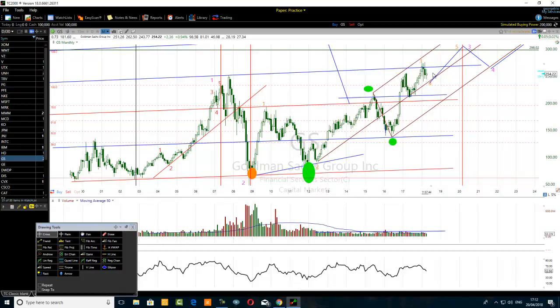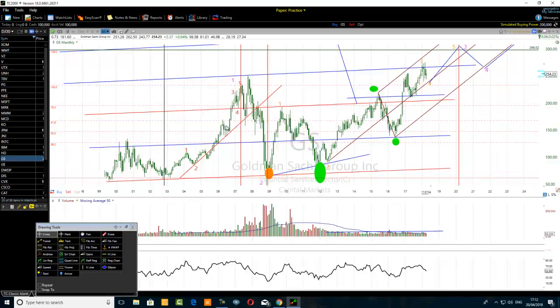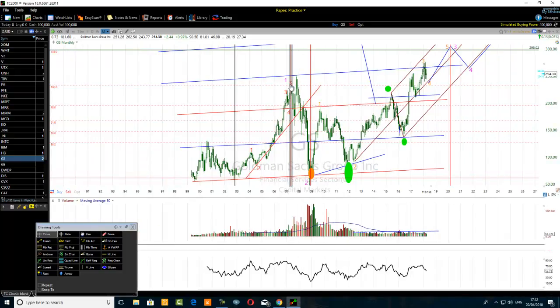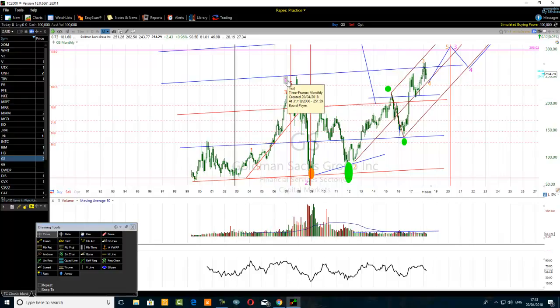It's not yet finished. We cannot confirm today, 20th of April 2018, that this trend is a trend. Why? Because it must go above the 138.2% Fibonacci extension level of the prior trend. What is the prior trend? The prior trend is the one that we are calling now 1, the pink one here, that was subdivided into 5 minor waves.